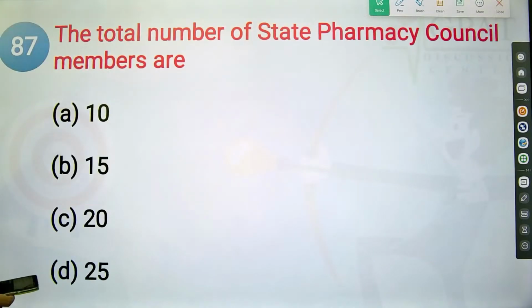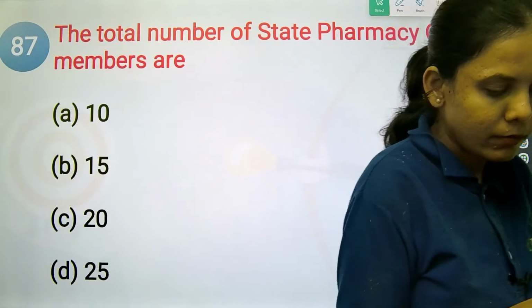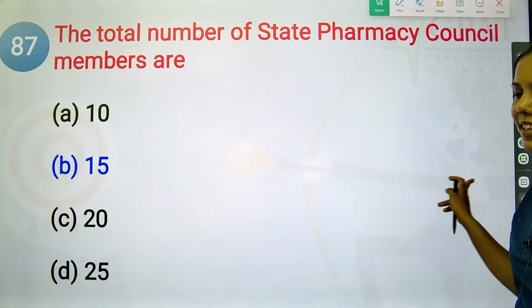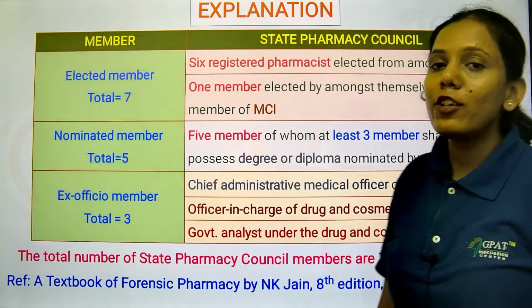The total number of state pharmacy council members are. Total number they are asking now, not any specific. What is the total number? So option B, 15, is the right answer and the distribution is elected 7, nominated 5, ex officio 3 members.